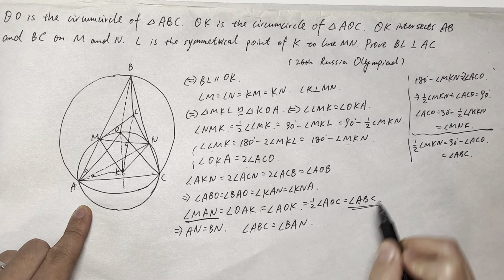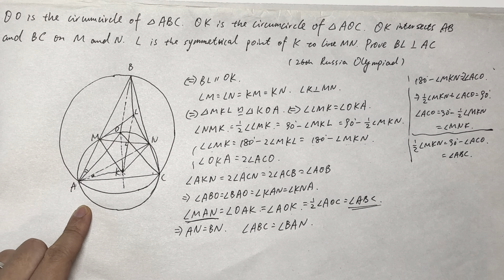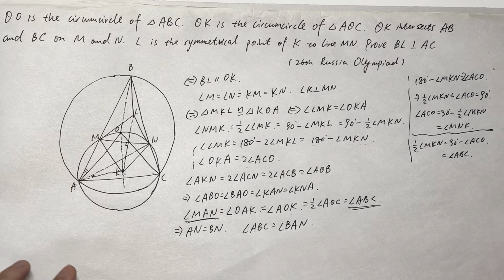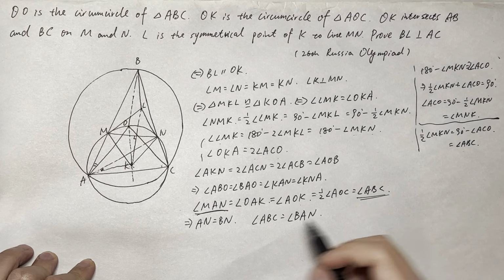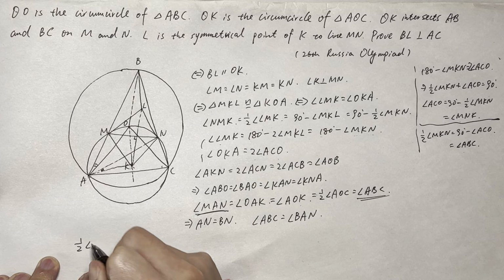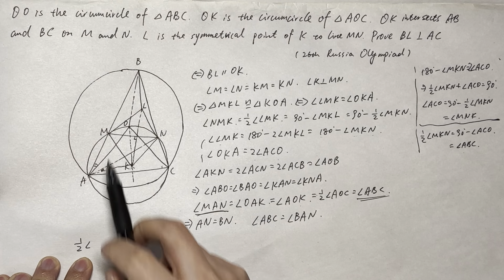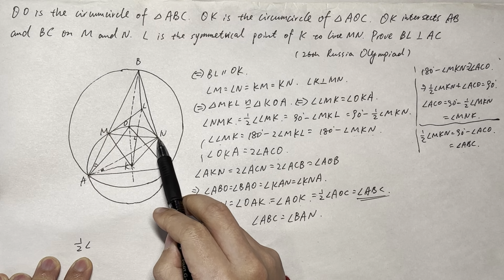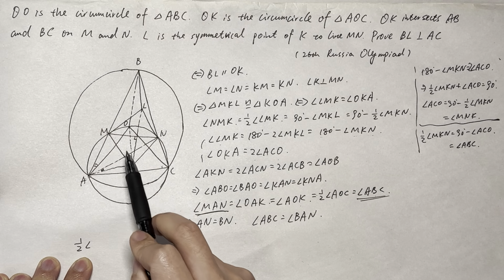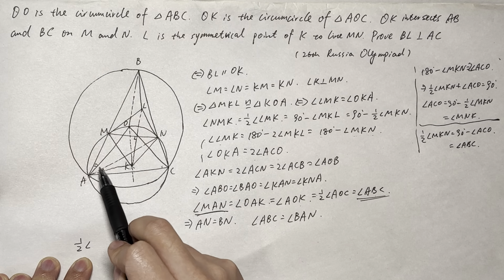Angle MAN equals angle ABC, which, okay, based on this, that means half of angle MKN, right? We just proved it. So angle MAN equals angle ABC, right?